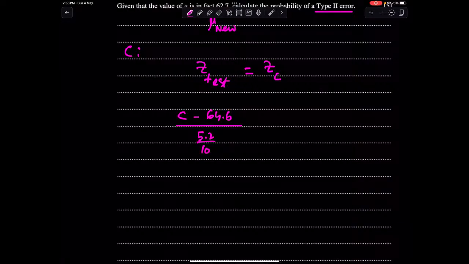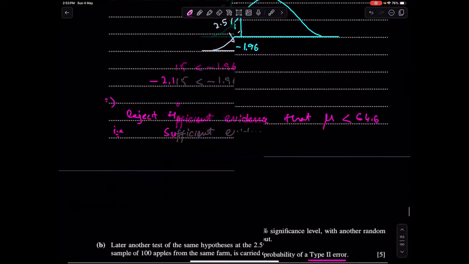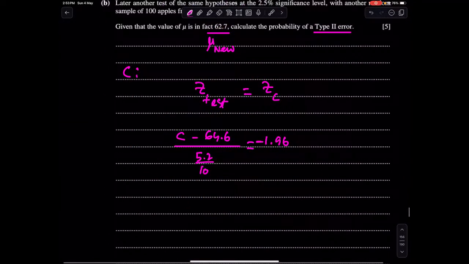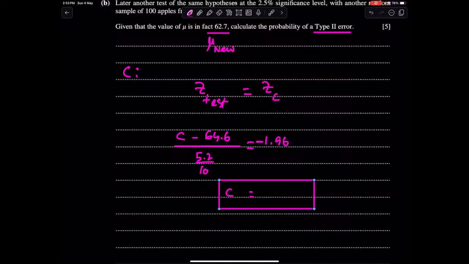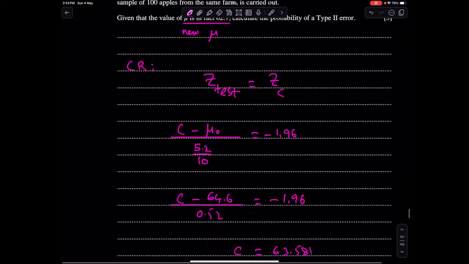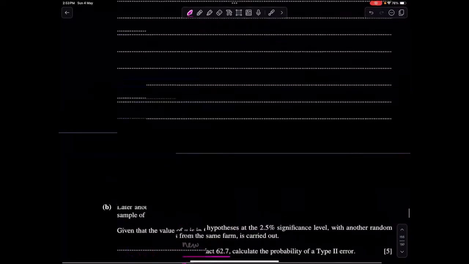That is the standard deviation. And the 2.5% value was minus 1.96. Now find C. This is the critical value. This number is 63.581.